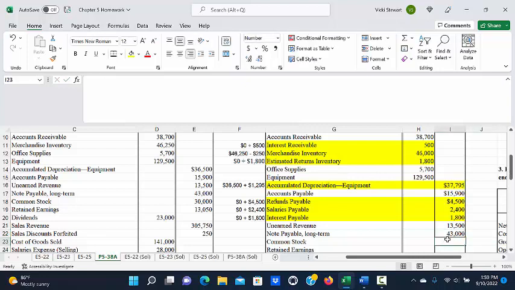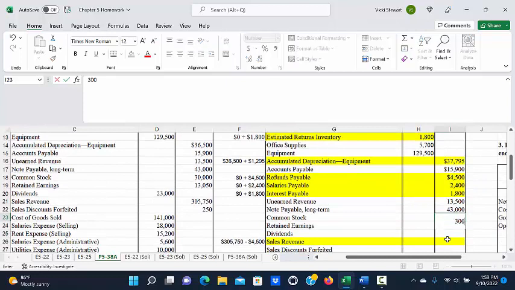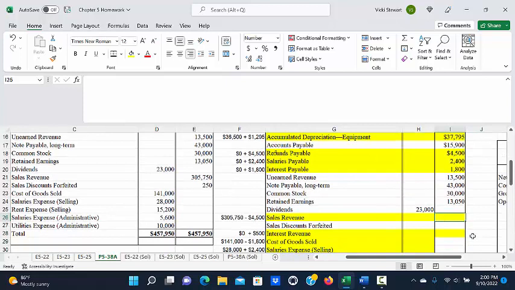Common stock did not change, so it will remain $30,000. Retained earnings is the same at $13,050. Our dividends didn't change, so they'll be $23,000. But sales revenue was adjusted for the estimated return, so it would decrease by $4,500 and be $301,250.